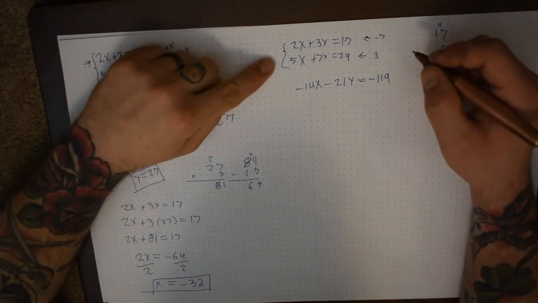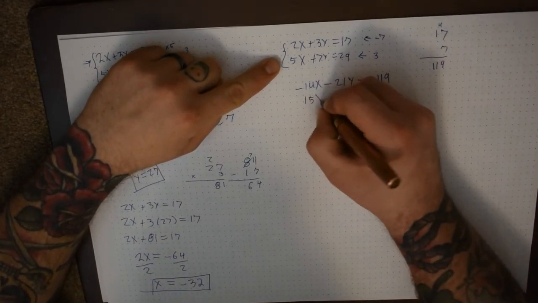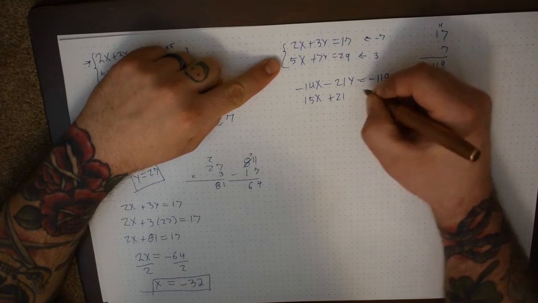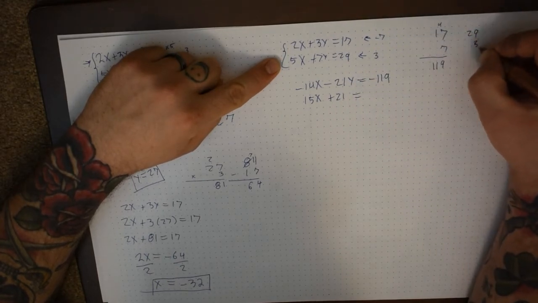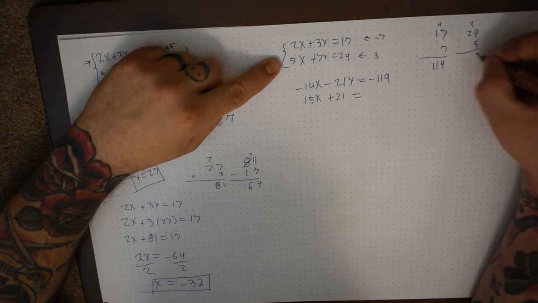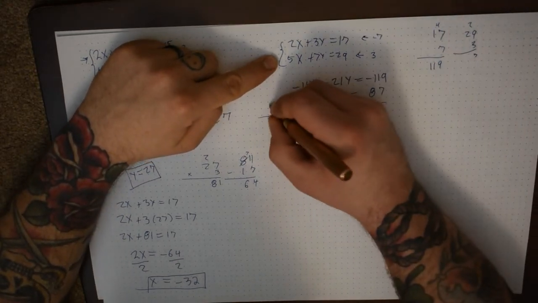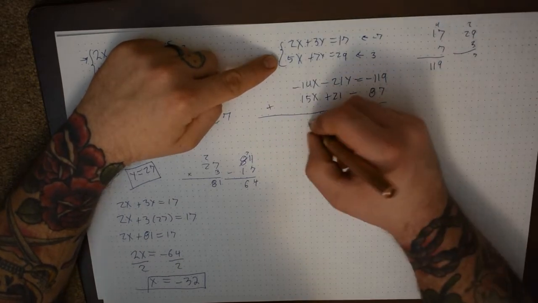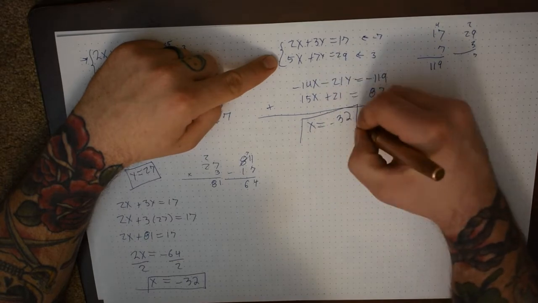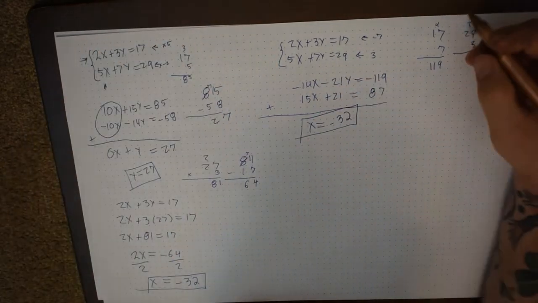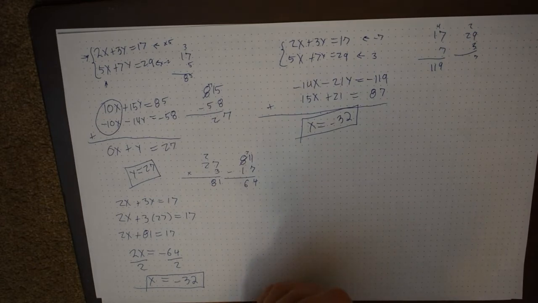And this bottom equation would have become 3 times 5 gives us 15x plus 21y is equal to 87. We would have gone through and added these equations. x would have been equal to negative 32. So there's more than one approach to these problems.